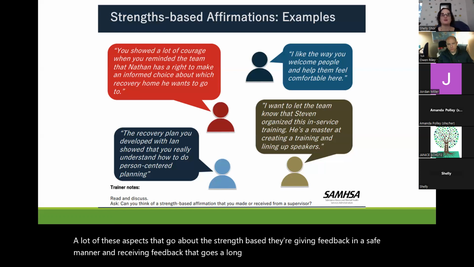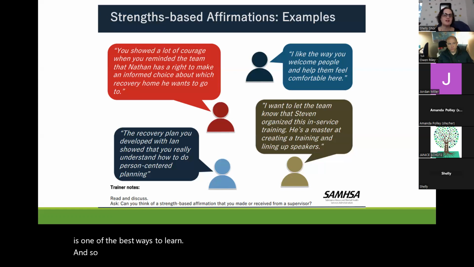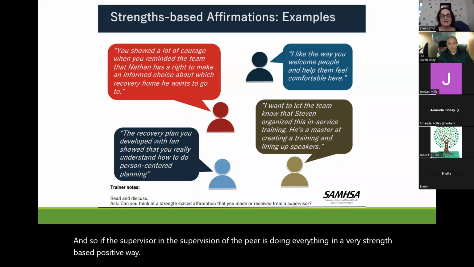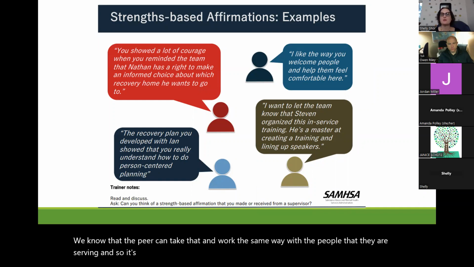We know that modeling is one of the best ways to learn. And so if the supervisor in the supervision of the peer is doing everything in a very strength-based, positive way, we know that the peer can take that and work the same way with the people that they are serving. And so it's important to remember that, to remember modeling, and remember parallel processes.